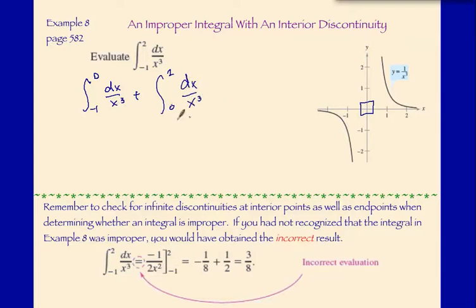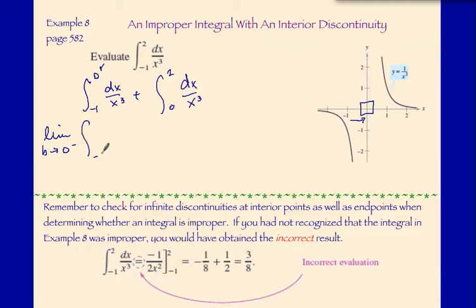And each of these is going to require a limit. 0 is the discontinuity, so we'll say the limit as b approaches 0, in this case negatively, because we're going from negative 1 and approaching the asymptote very gingerly from the left direction.